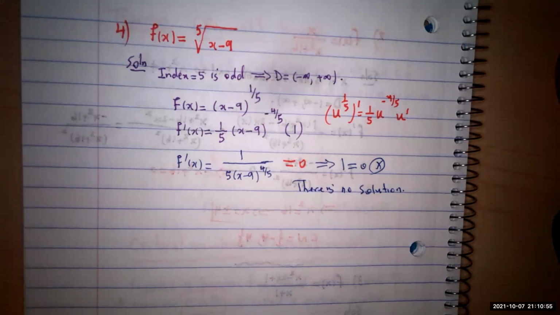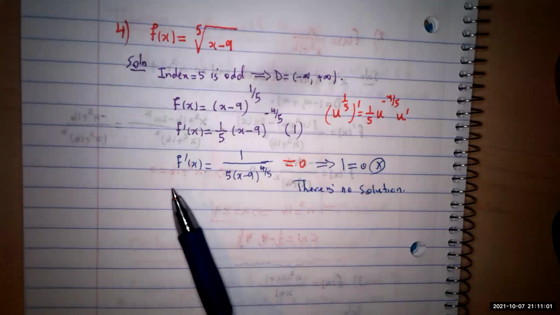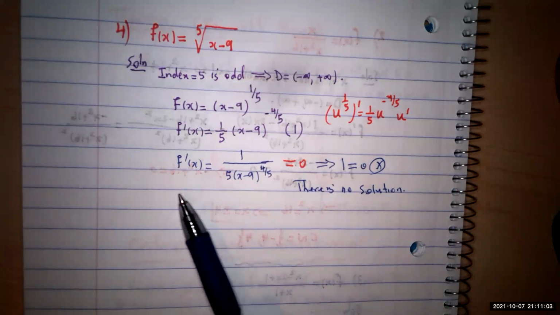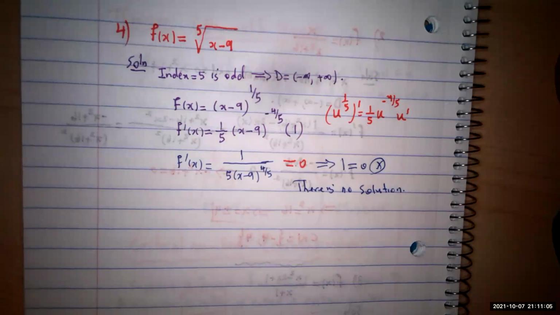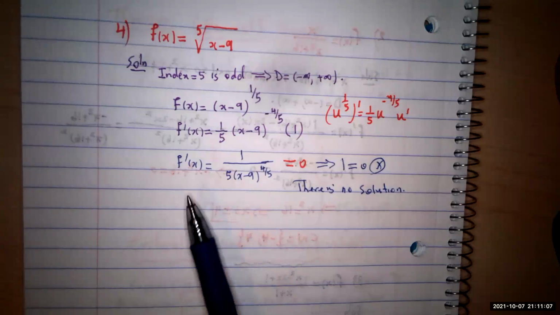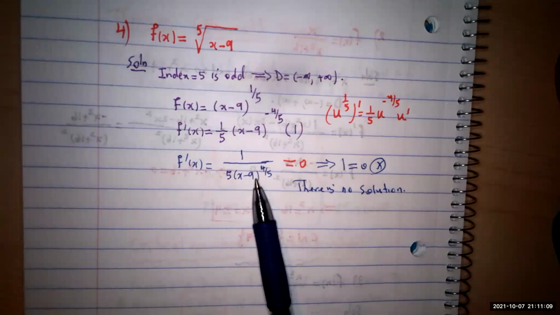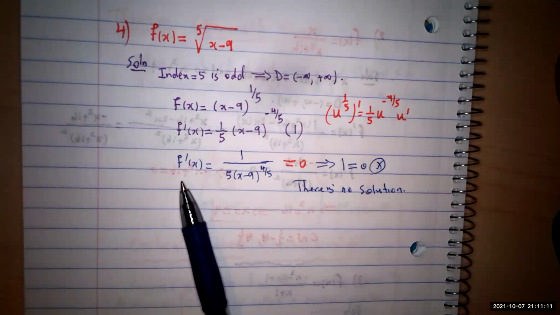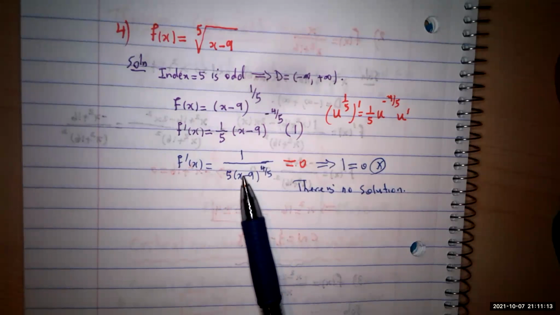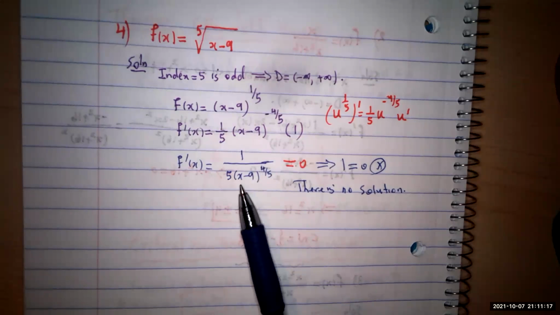Now, for these types of problems, as soon as you differentiate it, there is a reward that you have to collect. What is that reward? Look at this function. What is the domain of this function, f prime? Any suggestion? Remember, it's a rational function.